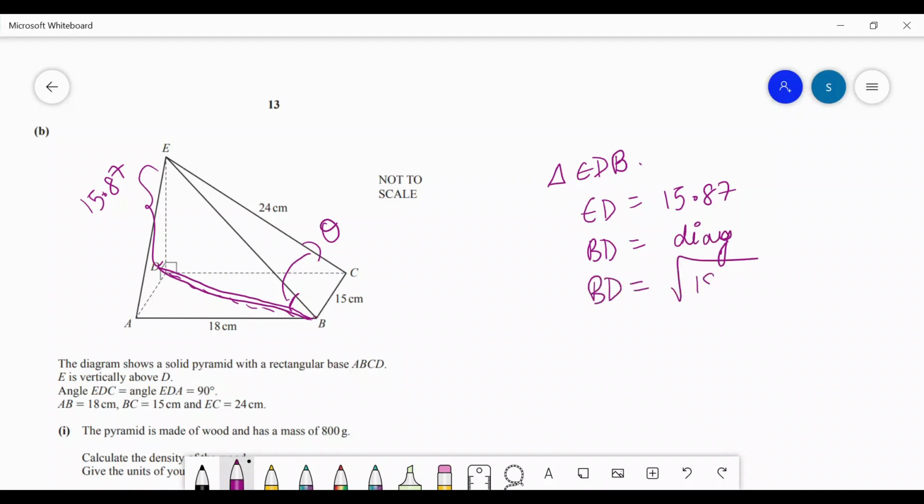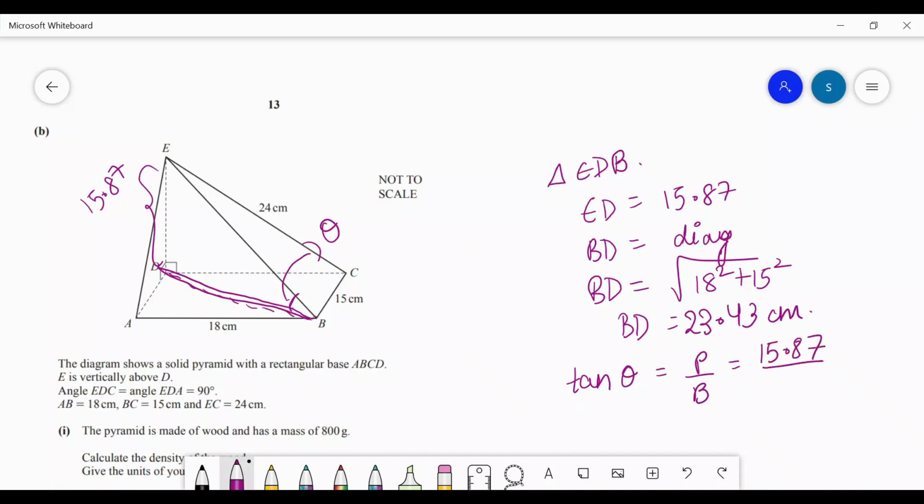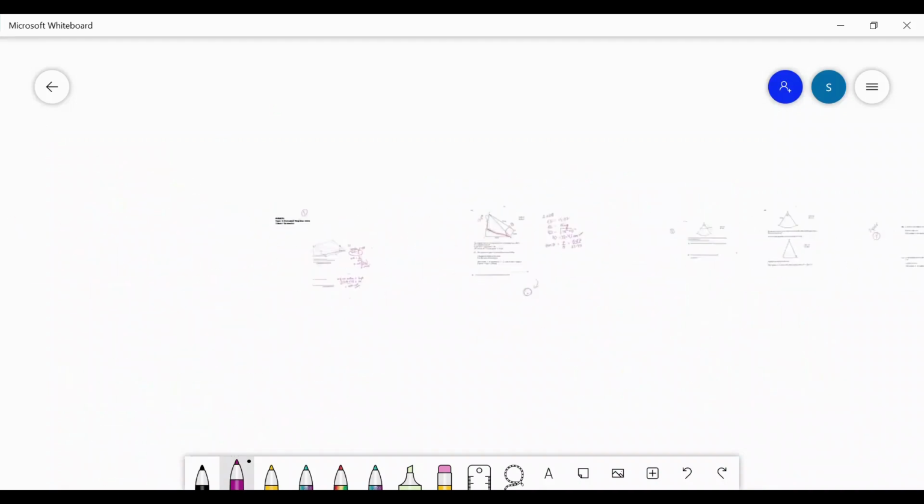That would be BD equal to root over 18 square plus 15 square, which is 23.43 centimeters. Now to find the angle here, I'm going to take tan theta, which is perpendicular by base. So here it'll be 15.87 divided by base, which is 23.43, what we just found out.